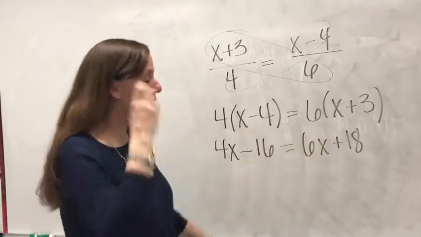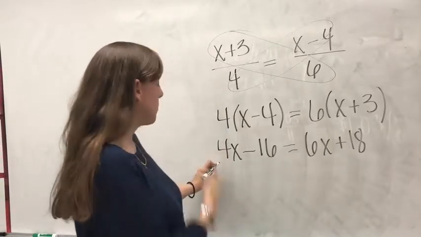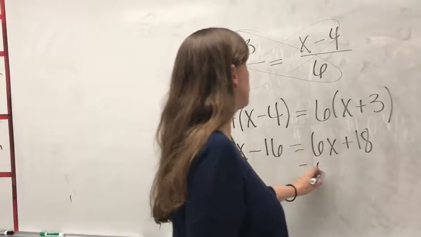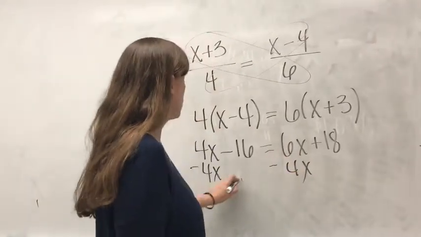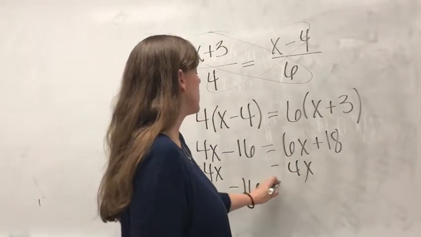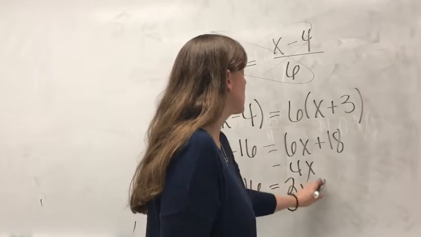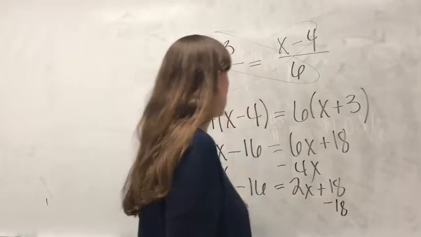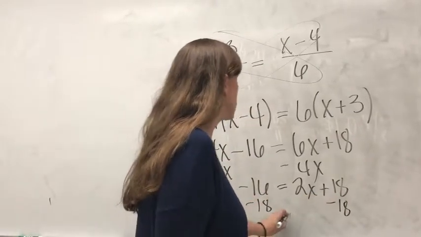And these are the equations we were doing the other day. I'm going to isolate the x. So first I'm going to subtract 4x from both sides. That's going to leave me with negative 16 equals 2x plus 18. I'm going to subtract 18 from both sides.